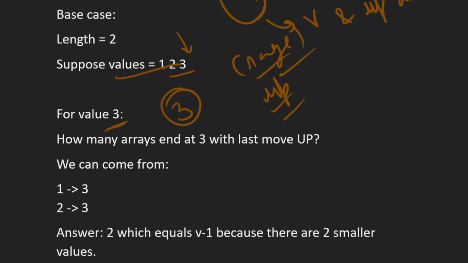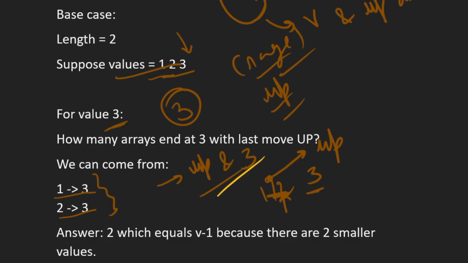As we know, our last element is 3 and here we want the up direction, so all the elements that are smaller than 3 should come here, right? In that case only do we get an up direction. The elements smaller than 3 are 1 and 2, so 1 comma 3 and 2 comma 3 are the valid arrays that give us the up direction and end with 3.